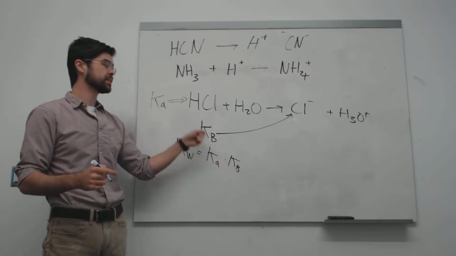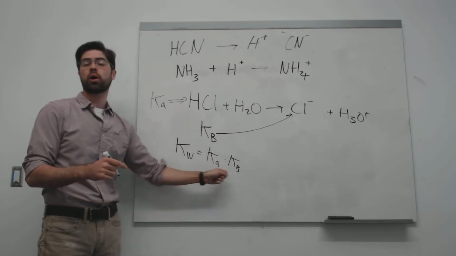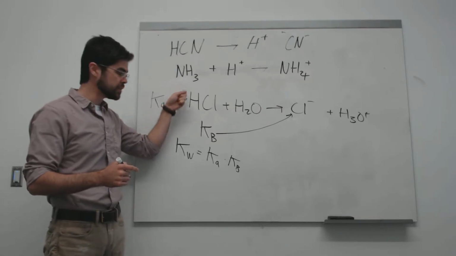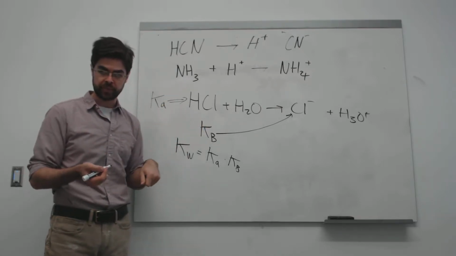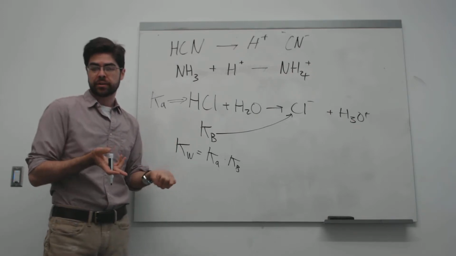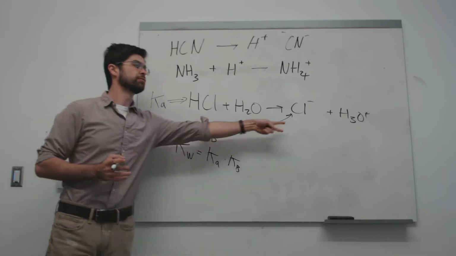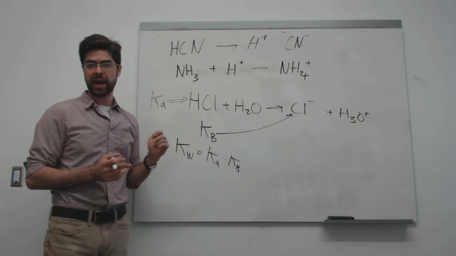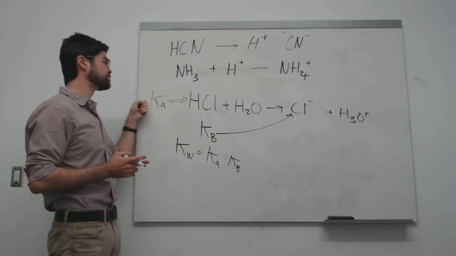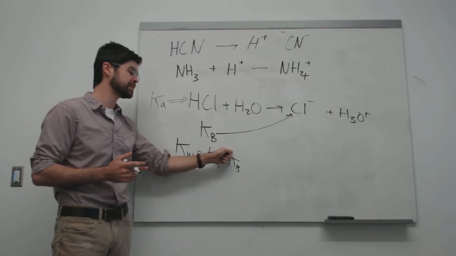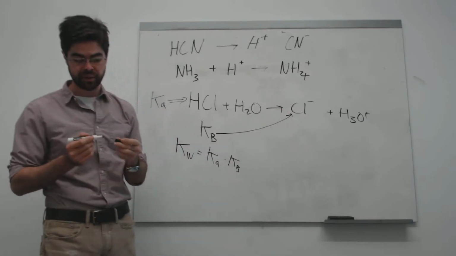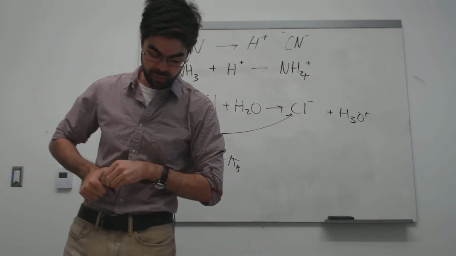Point being that these two are inversely proportional to each other. The stronger the acid, the weaker its conjugate base. So we normally don't worry about the basic properties of the conjugate base of a strong acid, because as a strong acid, it has a very large Ka, which means the Kb, the basic character of its conjugate base, is very, very weak, and so we usually don't even worry about it.